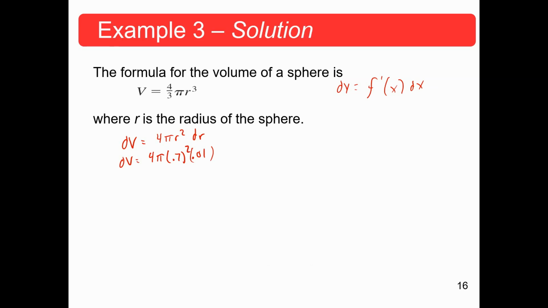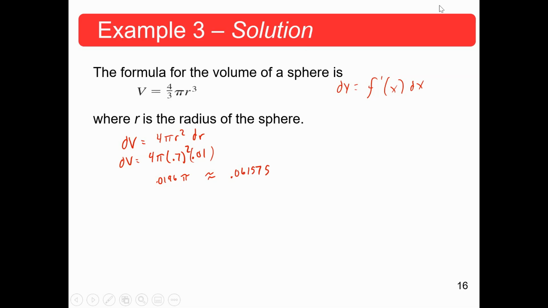So this is going to give us, let me get my calculator, 0.7 squared times 0.01 times 4 equals 0.0196 pi, which if I multiply that times pi, you get roughly 0.061575.